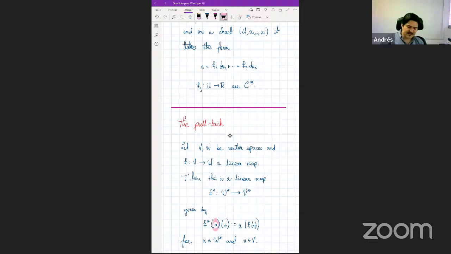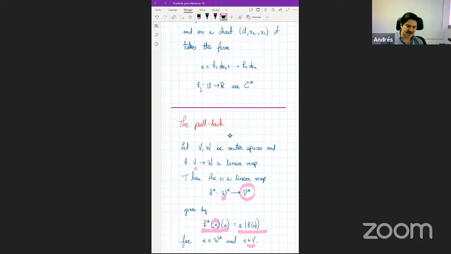So I take an element here. If I apply F, I get an element here. An element here is a linear map from W to the reals. So I put V here, and this has to be a scalar. And what is the definition? This one here.